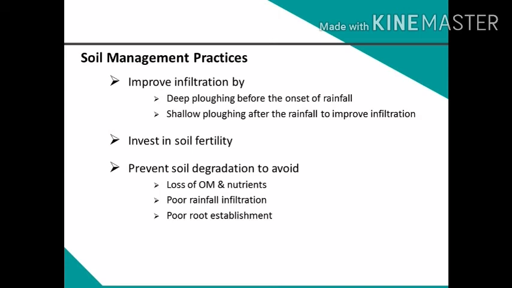The soil management programs should invest in soil fertility, maintenance, and prevent soil degradation to avoid the loss of organic matter, nutrients, poor rainfall infiltration, and to avoid poor root establishment.